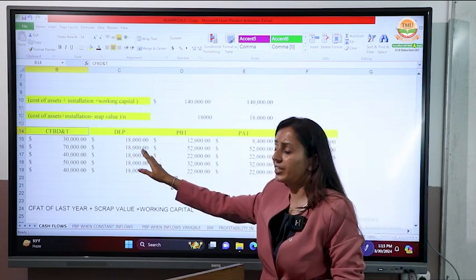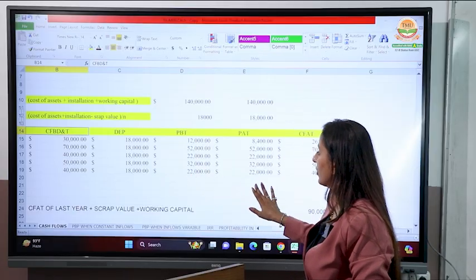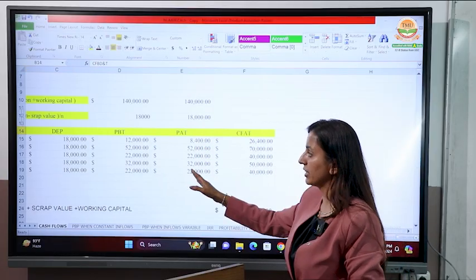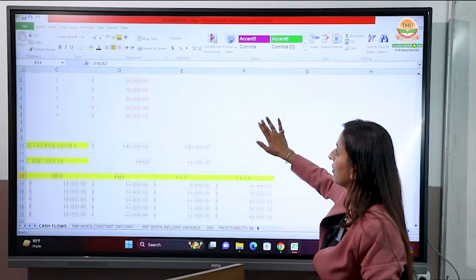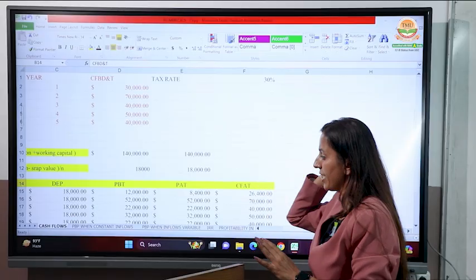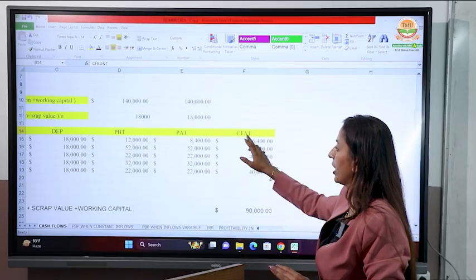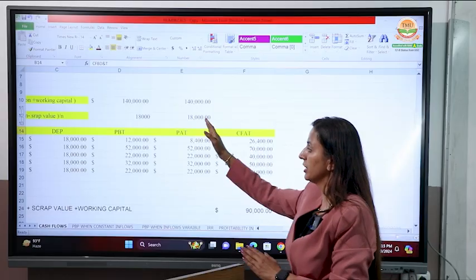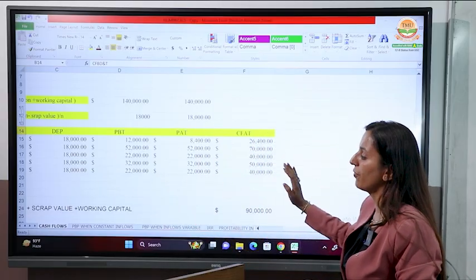From 30,000 we deducted our depreciation value, that is profit before tax. After that we calculated the after tax value, means from 12,000 we deducted the tax element, taking a tax element of 30%. That is given in the question, right? Then after tax we calculate the cash flow after tax, that means profit after tax and add on the depreciation value. This will be your figure.